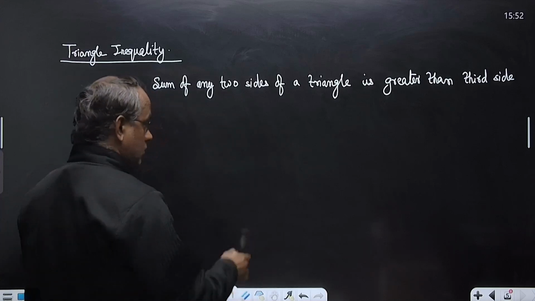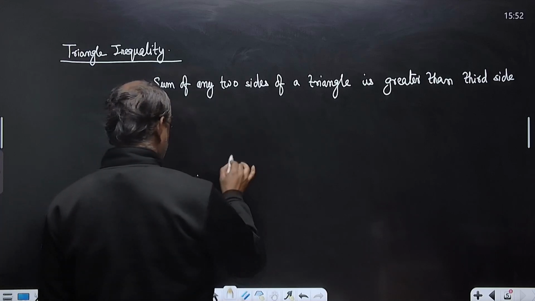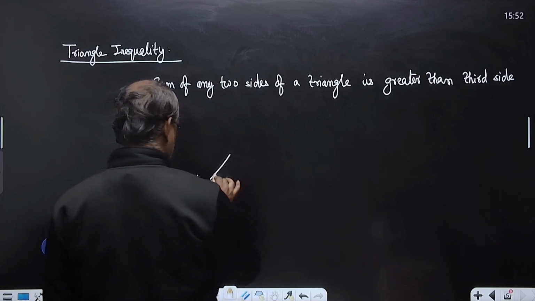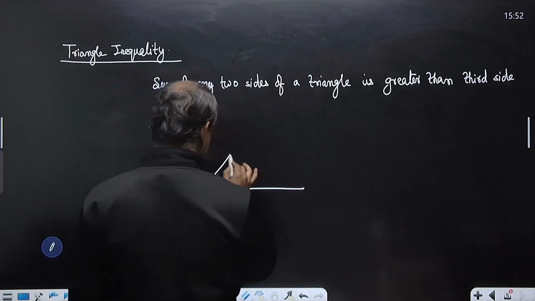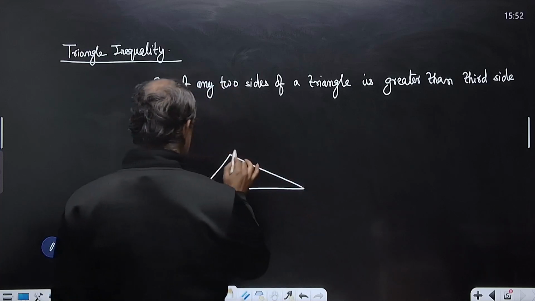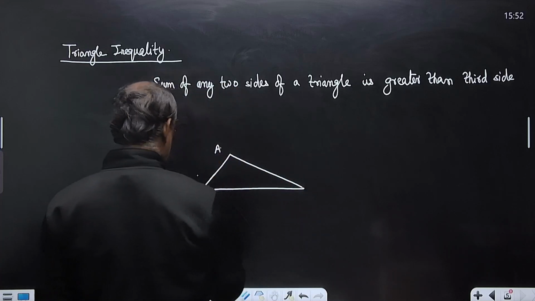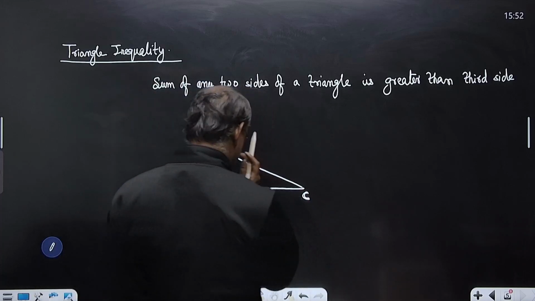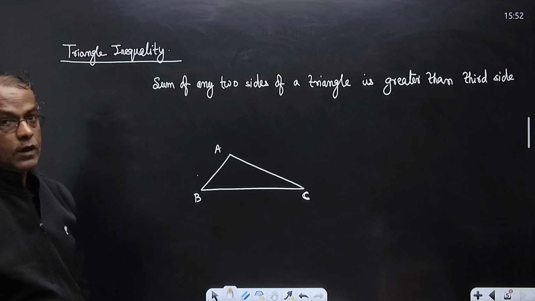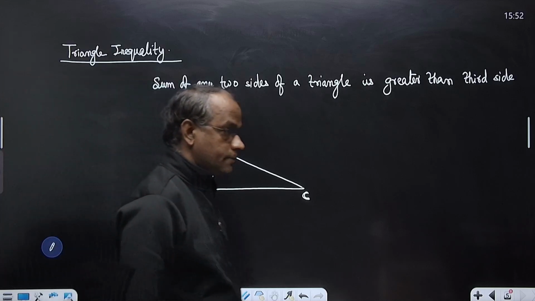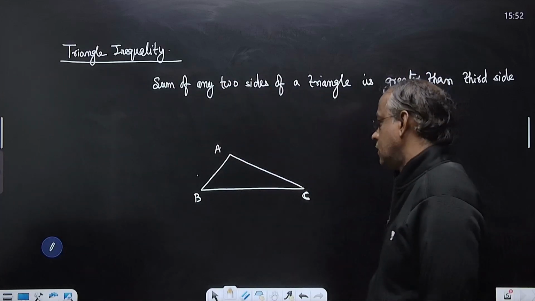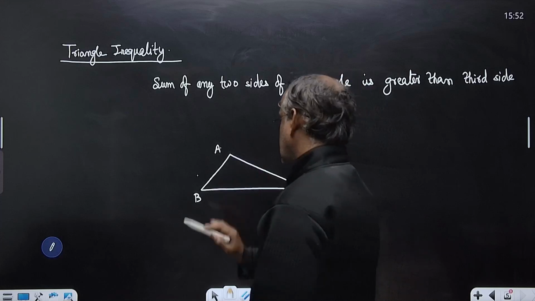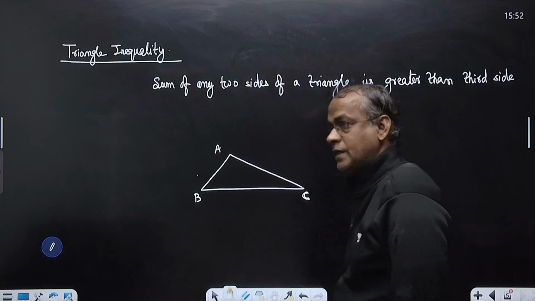Again, see, suppose this is a triangle. Okay, so what we do is that we have to show that the sum of any two sides is greater than the third side.